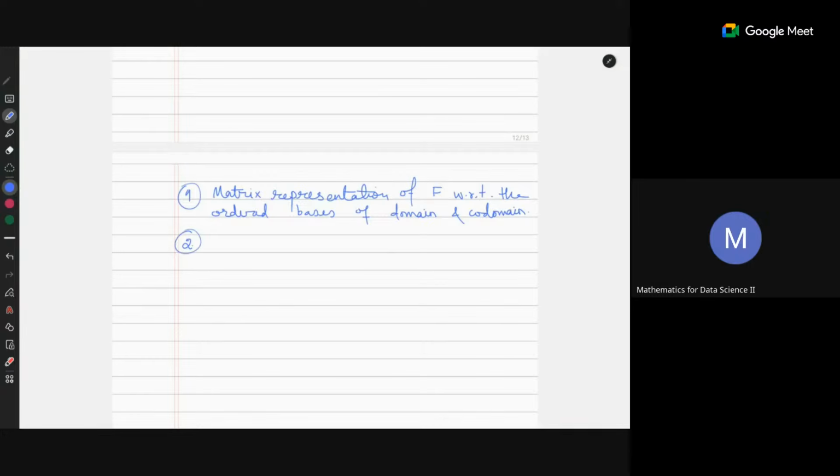Second is the matrix representation A. Your T is a map from V to W. Second step, find the null space of A. Find the basis of the null space.